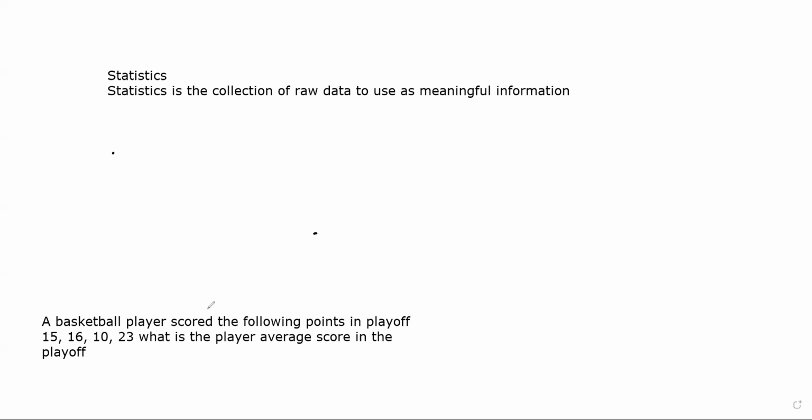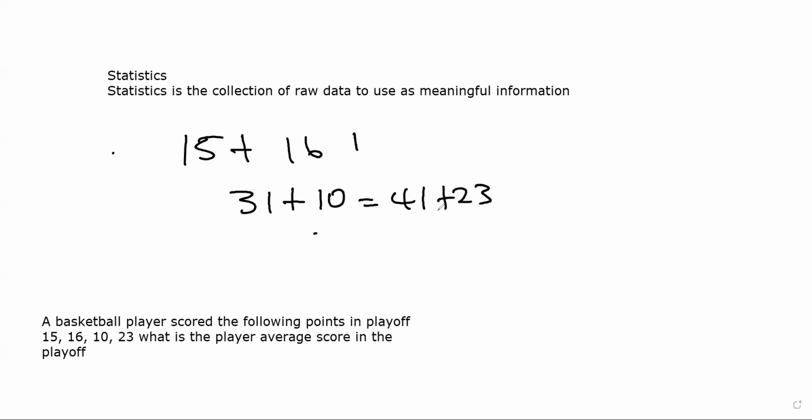So first, you're going to add 15 plus 16, sorry, I said times. 15 plus 16, which is going to give you 31. And then you're going to add 31 plus 10, which is going to give you 41. And you're going to add 41 plus 23, which is going to give you 64.